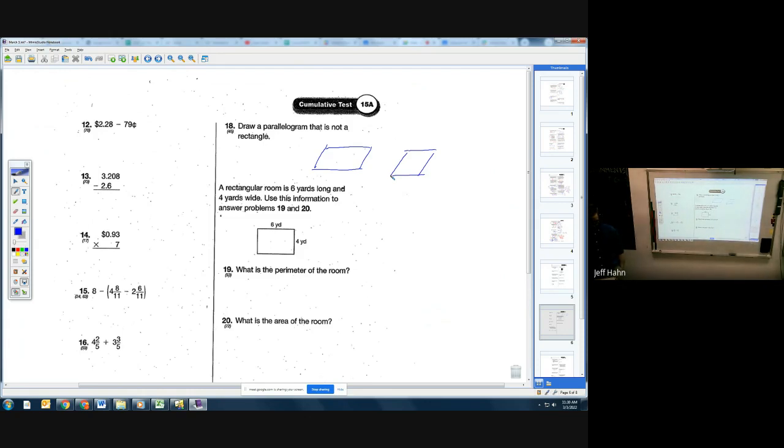Zach? What was 11? 11 was $4.19. Susie? For 2, the person I checked over didn't show their work, how they would get it. Do you want me to work with you? Sure. Molly? Would it be wrong if they didn't put 0 after on 13? They didn't put 0? No.